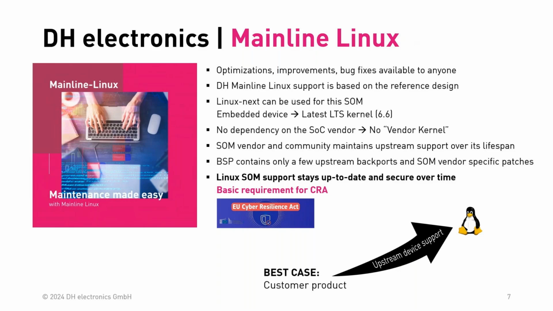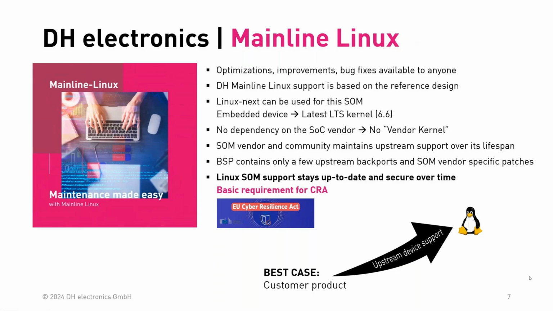Then we have the problem that the response time for security or bug fixes may be too slow, especially when we consider the new European Cyber Resilience Act. That is why we as DH focus on mainline Linux, because it is not just a single vendor, but the whole community that has been maintaining it for years.